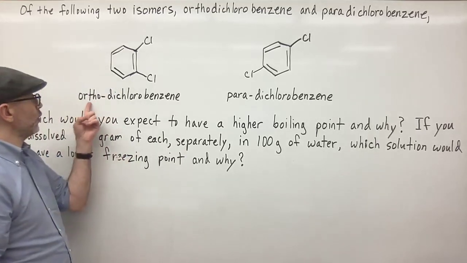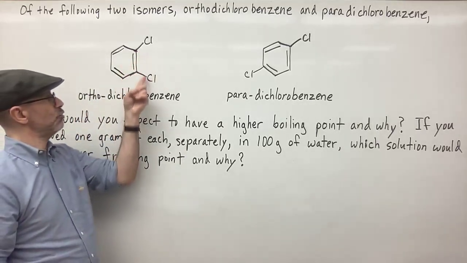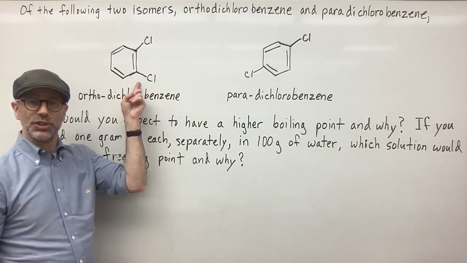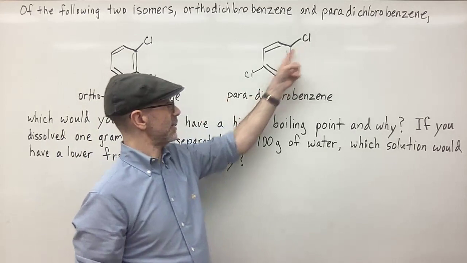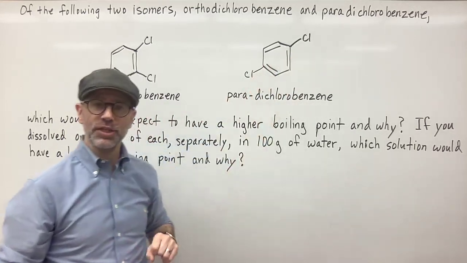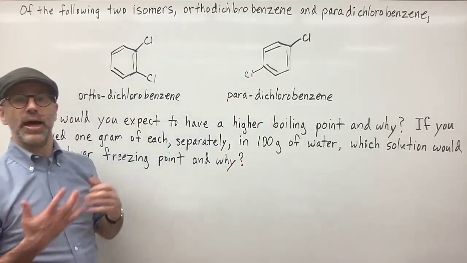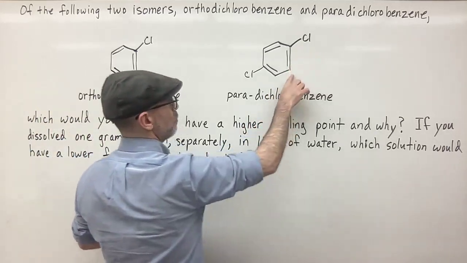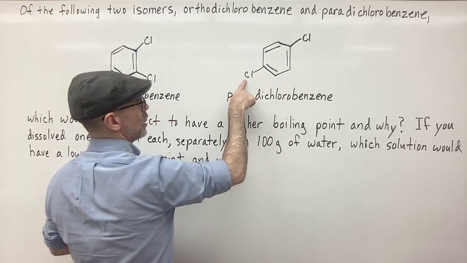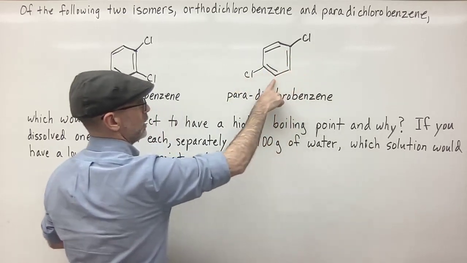If you have ortho, that means the two chlorines are next to each other. If you have para, they are opposite of each other. There's also meta. That would mean that they skip one. So instead of being here or here, it would be there.